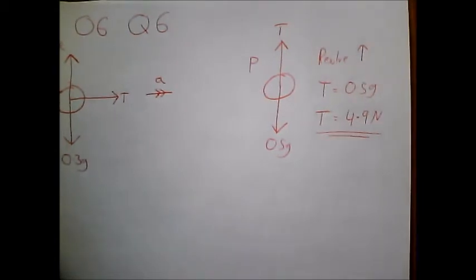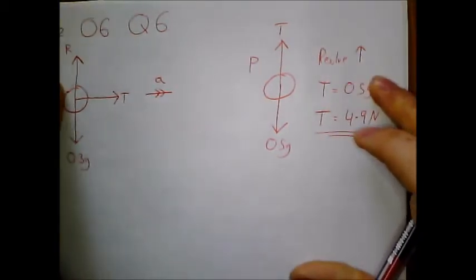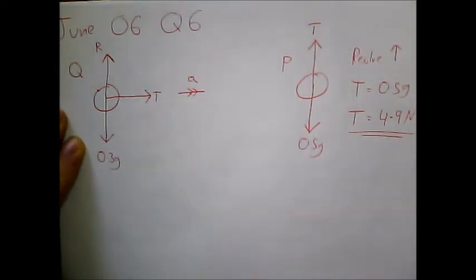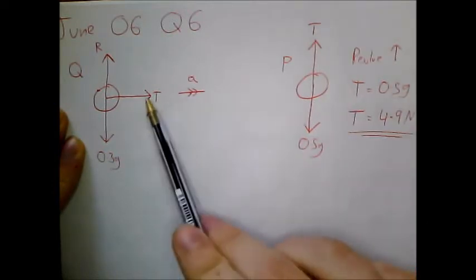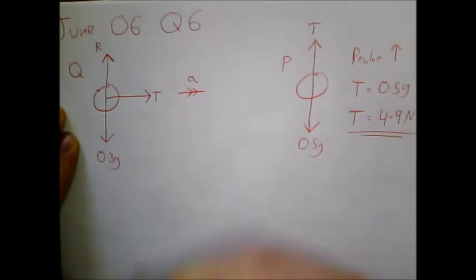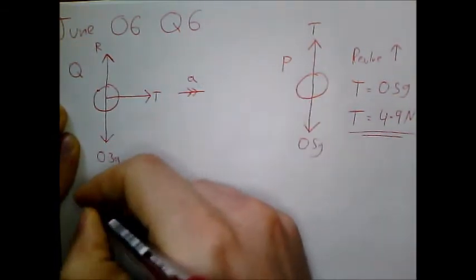It also wants the angular velocity. So, in order for us to do that, we know there's an equation that links angular velocity to the acceleration. Now that we know T, we can resolve horizontally to find the acceleration here.